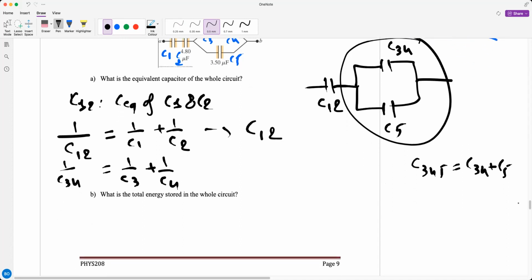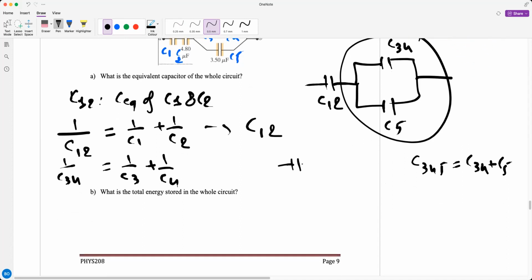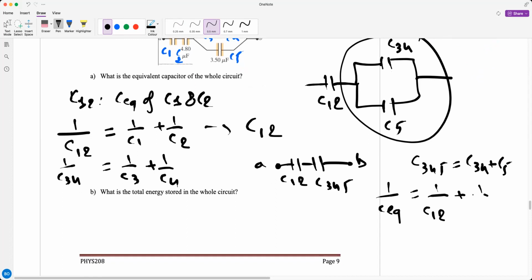Then my circuit becomes C12 and C345, with point A and point B. And then 1 over the total equivalent will be 1 over C12 plus 1 over C345. Are you following?